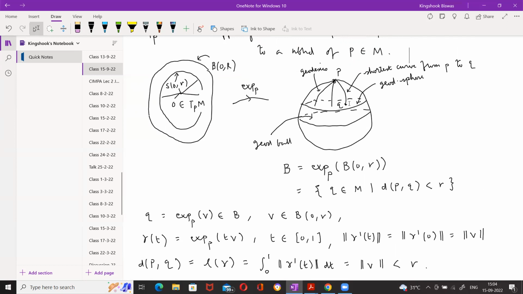So the metric ball is also contained in the geodesic ball, and so then they are equal.